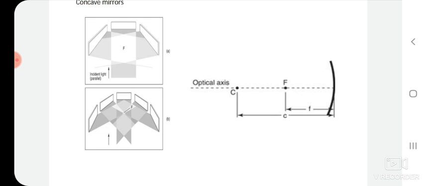Now it is helpful to have a geometrical system for locating an image formed by rays reflected from a curved mirror.